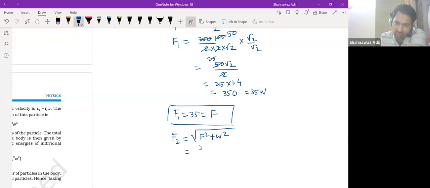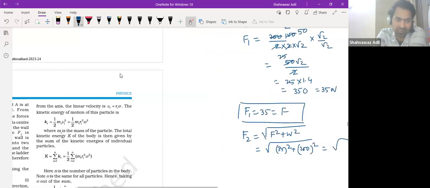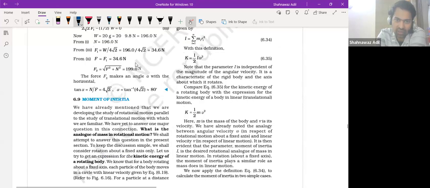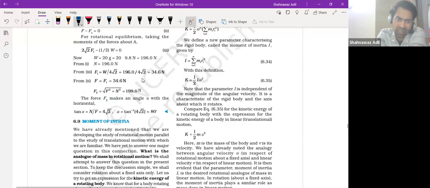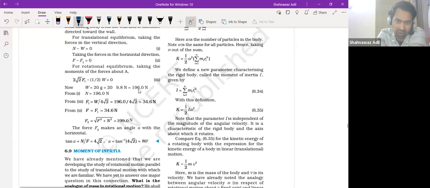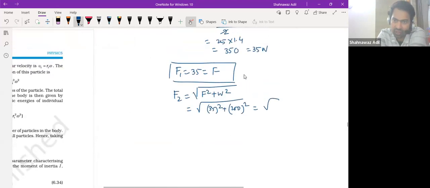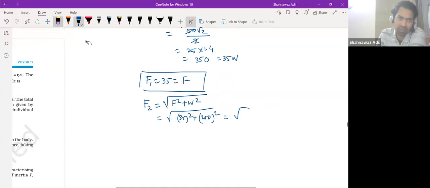So this would be 35 square plus 200 square, which comes to about 199.